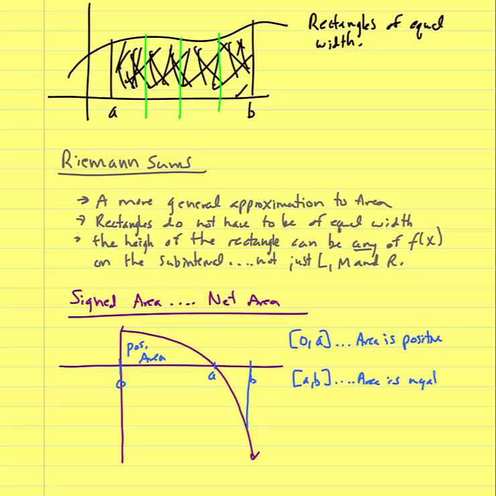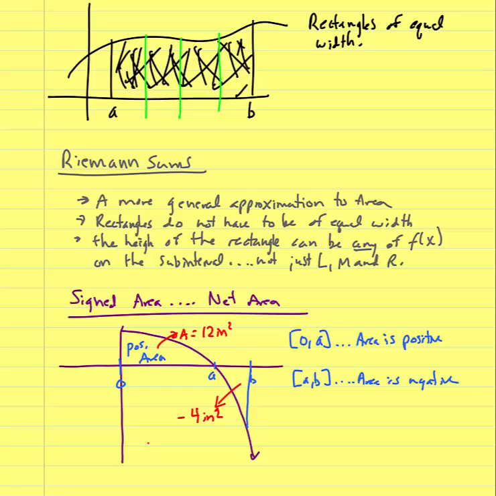Now if I just assign some values here, let's say that the area up here would be something like, say, 12 square inches. And let's say the area down here would be 4 square inches. Now because it's below the x-axis, this would be a negative 4 square inches.